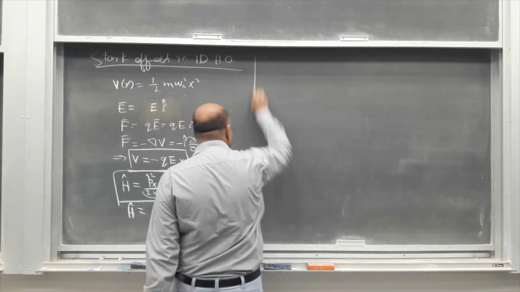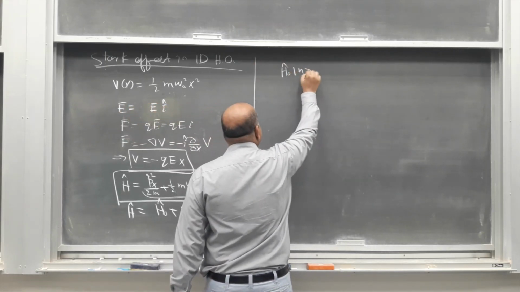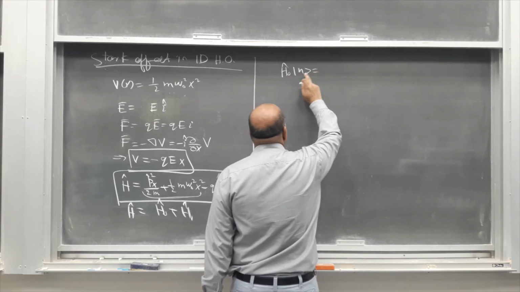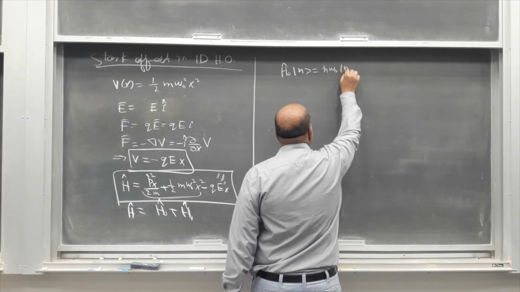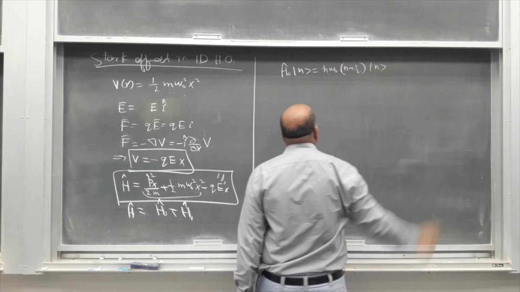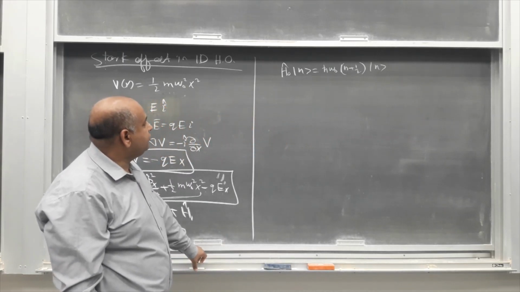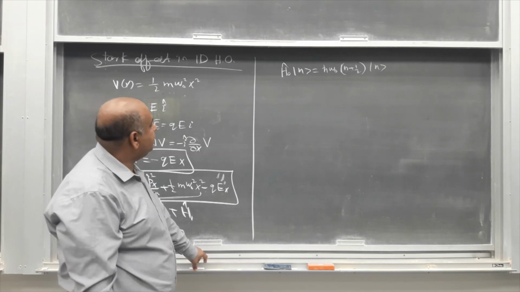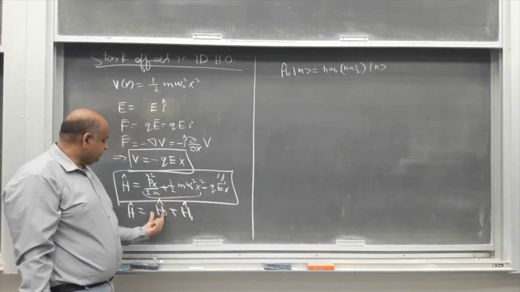For H0, let me just recall that we have already found its eigenstates, which are numbered by n, and its eigenenergies are (n plus half) h bar omega naught. So this is our spectrum of the unperturbed harmonic oscillator, so to say, which is the solution of this H0 part of the Hamiltonian.